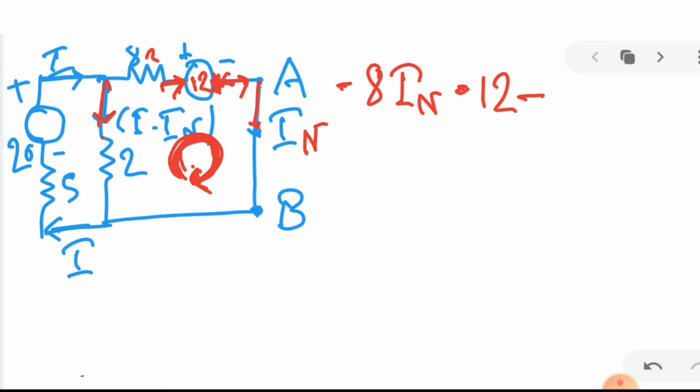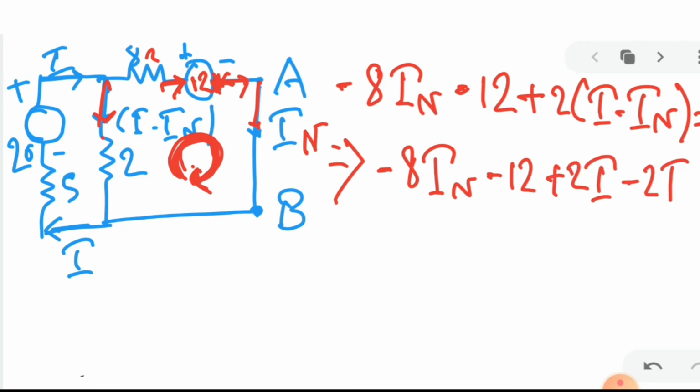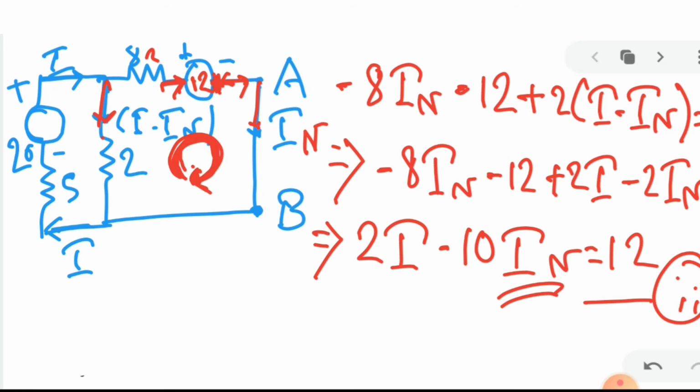So it is plus 2 into I minus IN equals 0. You can calculate that 8IN minus 12 plus 2I minus 2IN equals 0, and 2I minus 10IN equals 12, and this is the second equation.